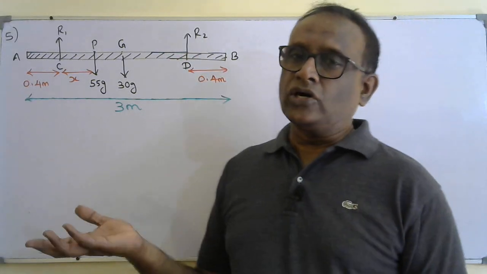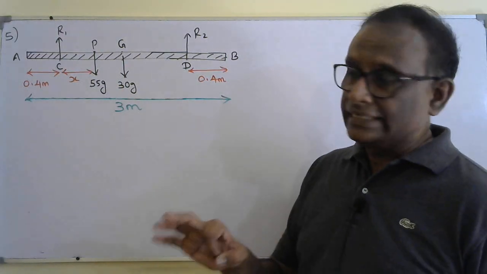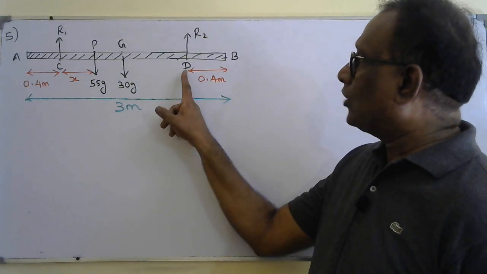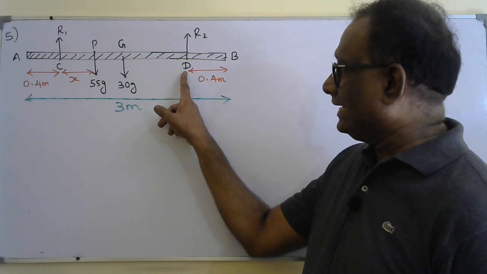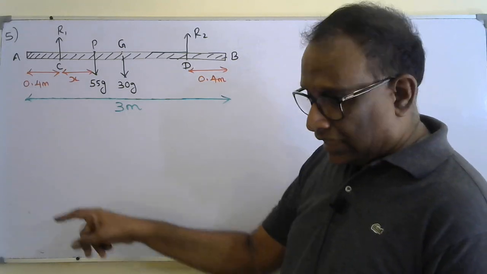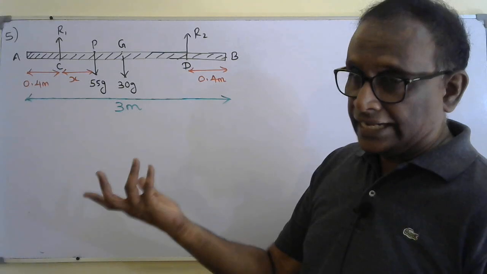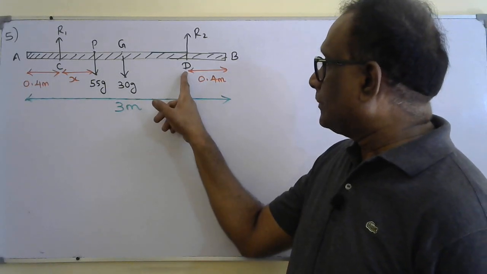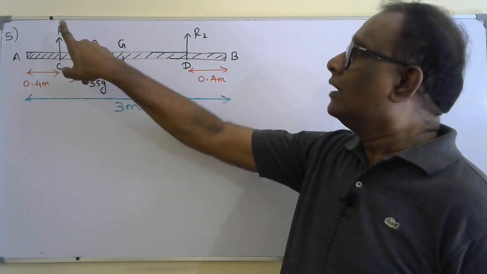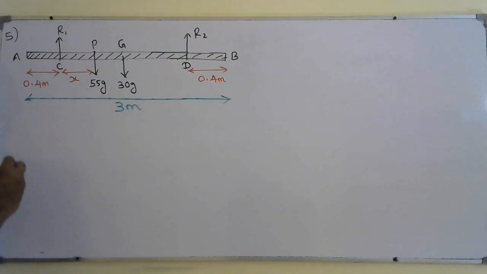No point of finding it because they are not asking to find the R2, they are asking to find the R1. So the technique here, we should minimize the unknown in my equation, means I should take moment about D. So if I take moment about D, I can find the distances for everything, but they asked to find the reaction force in terms of x, so I don't need to worry about x in my equation. But if I take moment about D, R2 won't appear in my equation, only R1 will appear. I can find the R1, that is the question. So we'll take moment about D, first part.